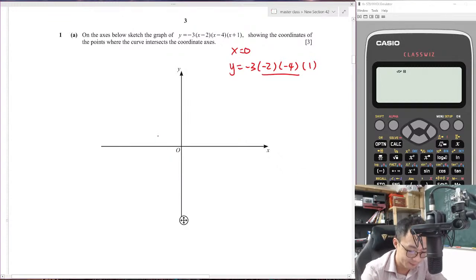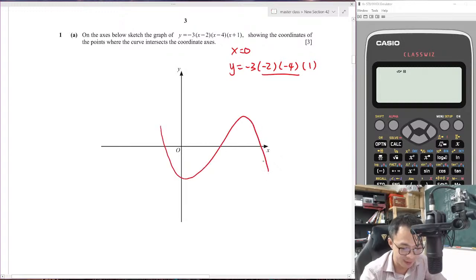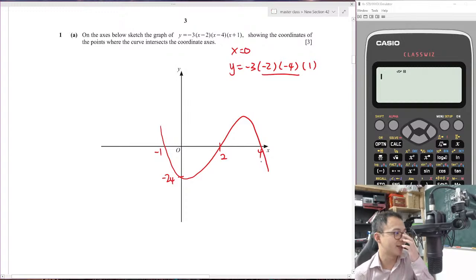It's too big. No, negative 1 and 2 should be slightly further a little bit. Yeah, this one seems okay. This is negative 24. This one will be negative 1. This one will be 2. This one will be 4. Right, you have something like this. So you just sketch it nicely. And then label whatever coordinates intersect with the x-axis and y-axis.